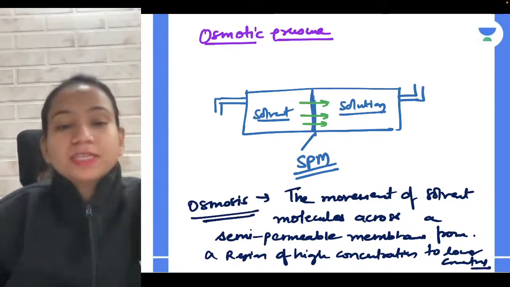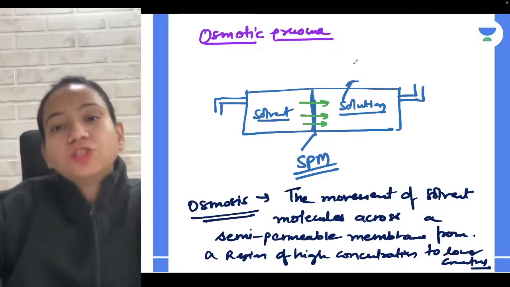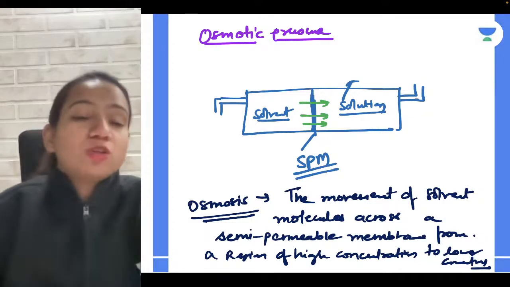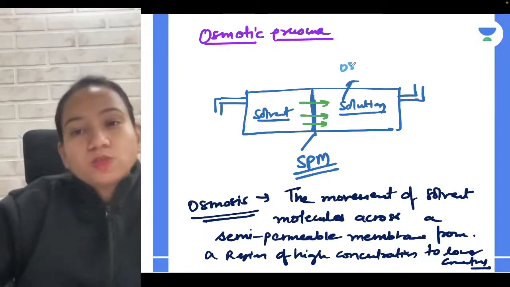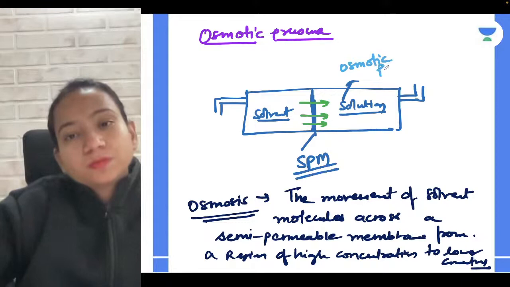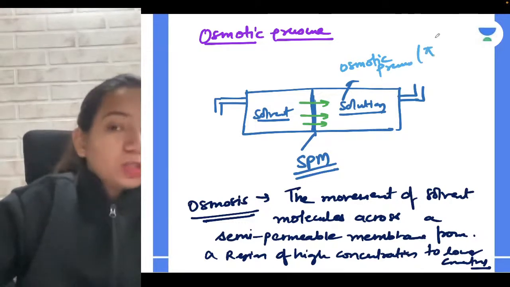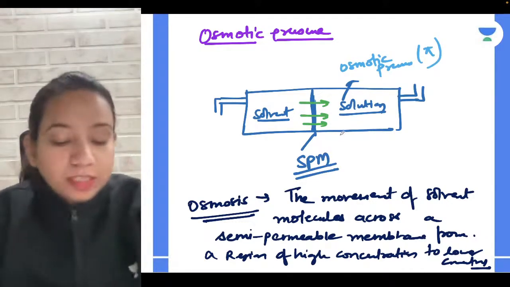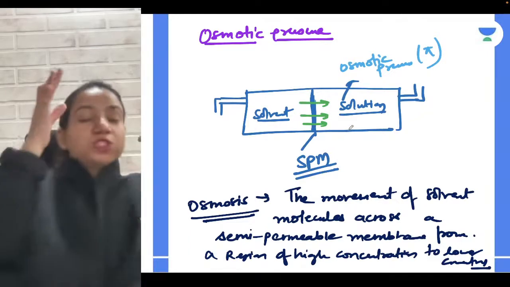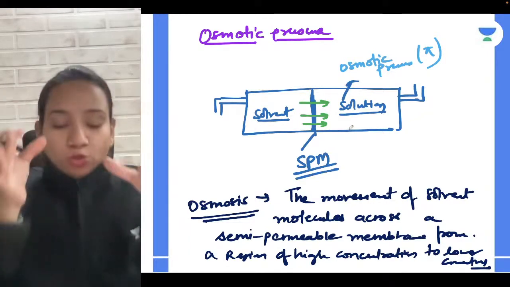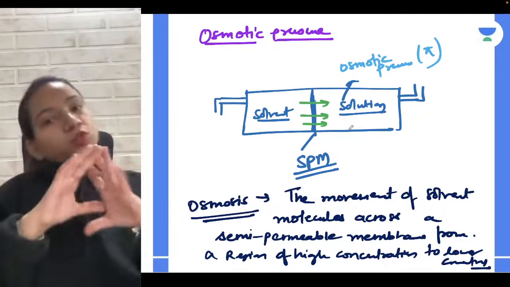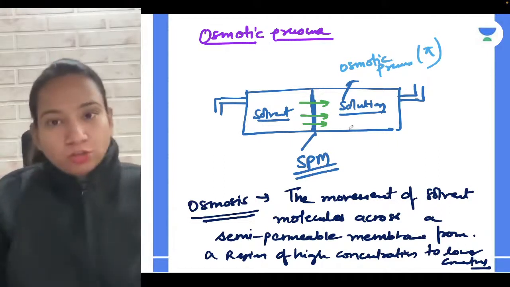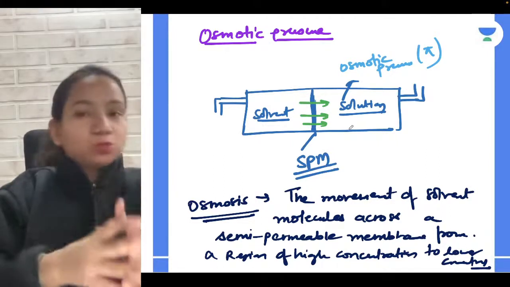Now what we can understand, what is osmotic pressure? So osmotic pressure is the extra pressure that you apply on the solution side, which we also denote with pi. It's nothing but the extra pressure applied on the solution side to stop the flow of solvent molecules into the solution by SPM. That's called osmotic pressure.